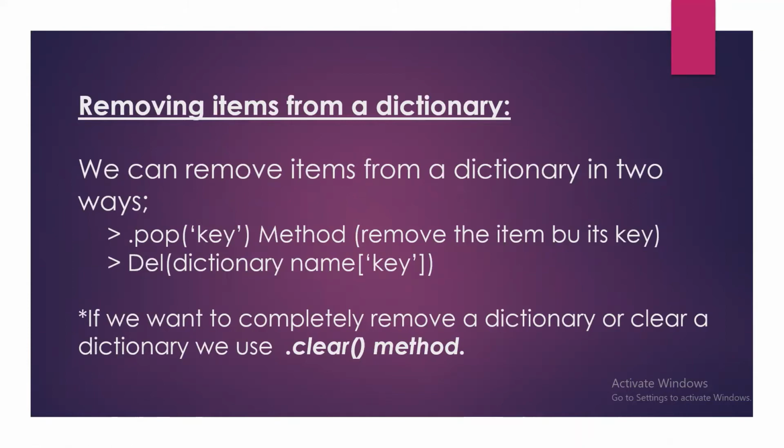We can remove items from a dictionary in two ways, just as we removed elements from a list: we used the pop method, and we used the del function. In the pop method, we use the name of the dictionary which we want to change, then give a dot and use the pop function. In a list, we use the index, but in a dictionary, we will use the key.